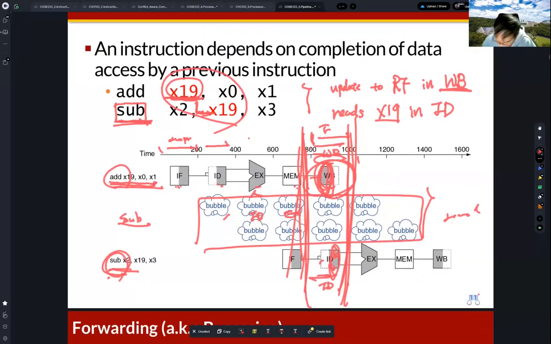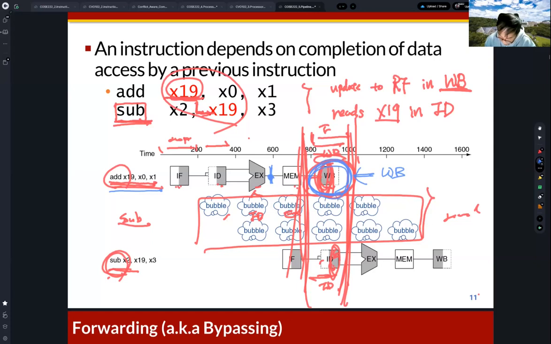Even though the data is updated in the write back stage of this add instruction, we know the result is already calculated and already exists in the processor at this time. Do you understand?